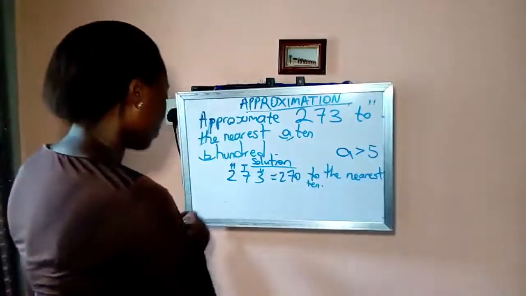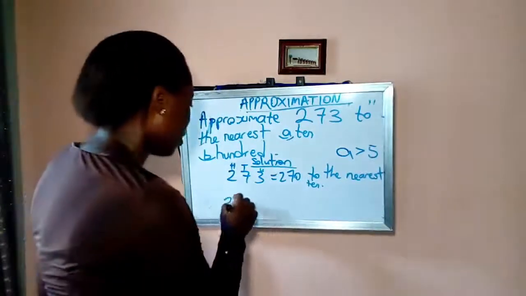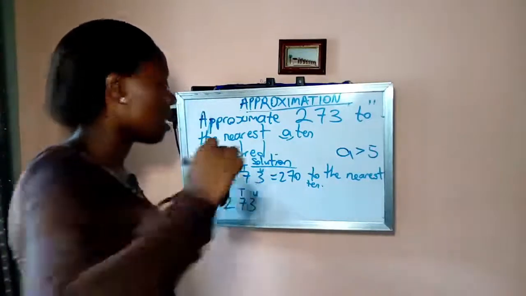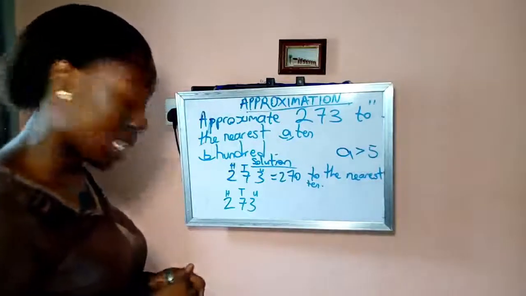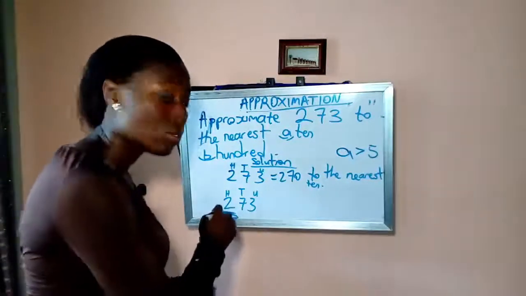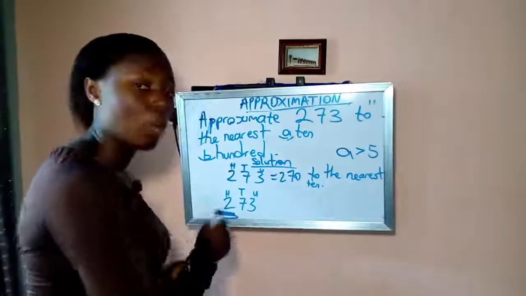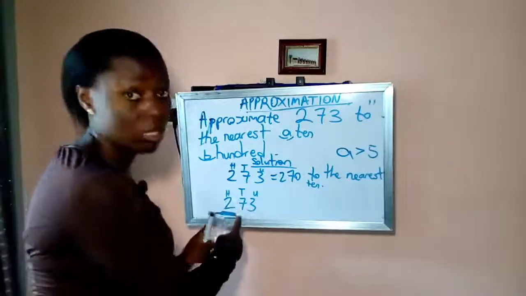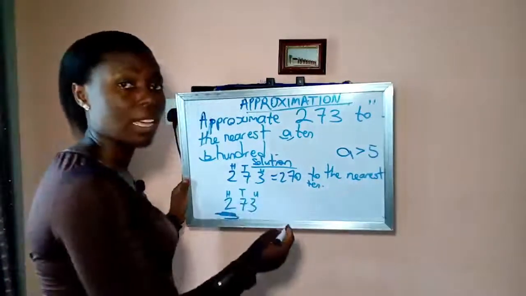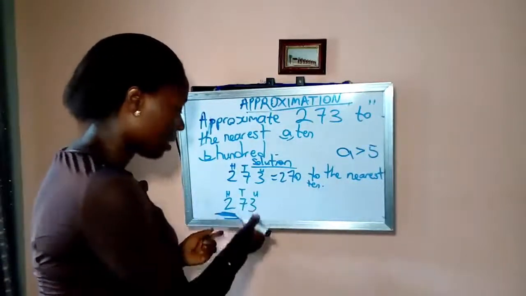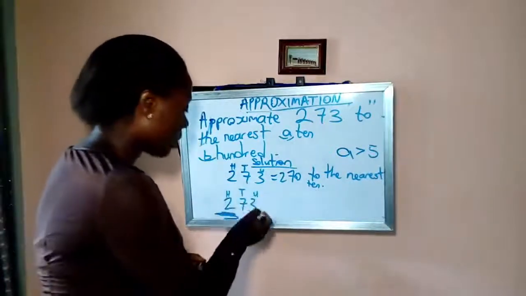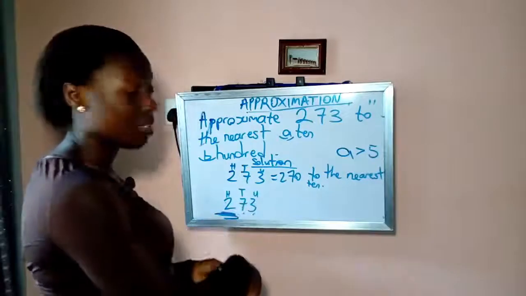Now for our next question, it says approximate to the nearest 100. What number is in our 100 position? It is 2. So this is our focus. Now we look at the numbers behind it. The number directly behind it is 7. The number after this is 3, which is already rounded down to 0.